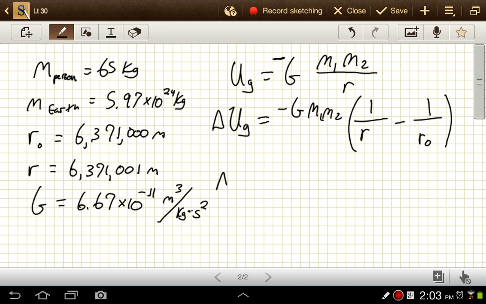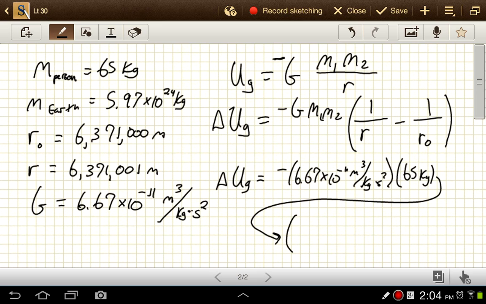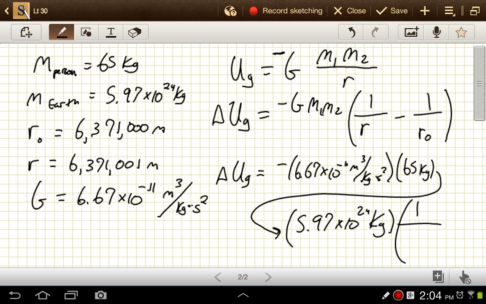So this one, we'll plug in negative 6.67 times 10 to the negative 11th. The units there are meters cubed per kilogram seconds squared, times mass 1, we'll say is 65 kilograms, the mass of the person, times mass 2, running out of space, we'll come down here, times mass 2, that'll be the mass of the Earth, 5.97 times 10 to the 24th kilograms, times 1 over r, that'll be when the person is jumping upward.